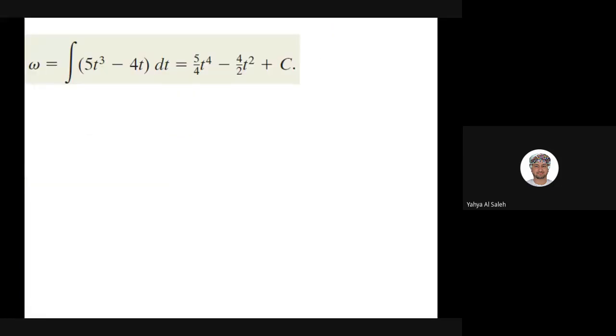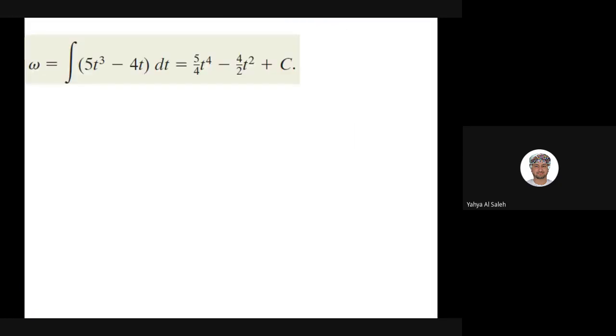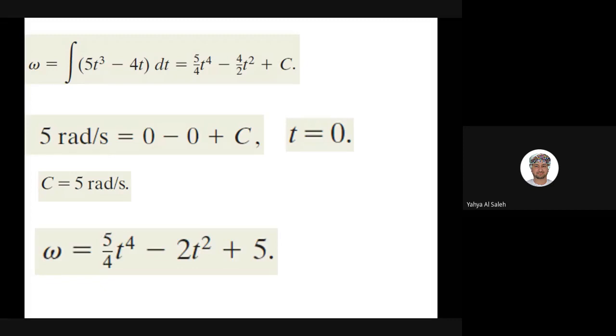Now, we don't leave it at plus a constant because we already know that at t equals 0, it has an angular velocity of 5 radians per second. So at t equals 0, c is equal to 5 radians per second. So our actual formula would be 5t to the power 4 over 4 minus 2t squared plus 5.